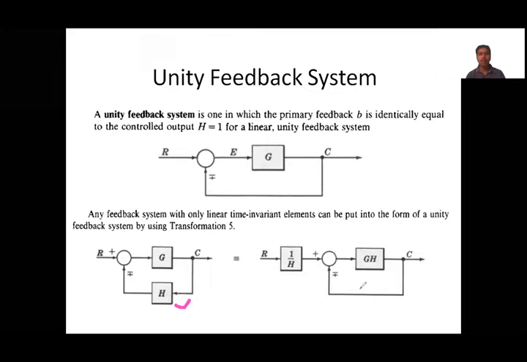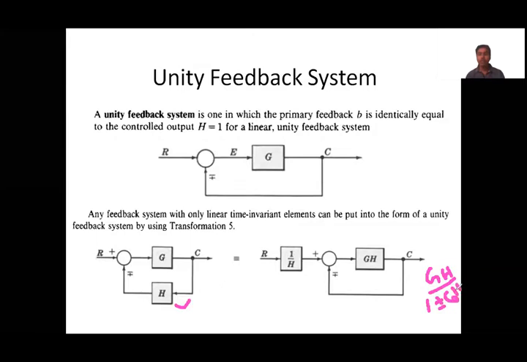So if you make it like this, is it correct? A question may arise, so let us cross verify. Here C is equal to C into H, and the overall gain we know already, G / (1 + GH). Here also see this: the signal here is R, and if we simplify this feedback, we will get GH / (1 plus or minus GH).